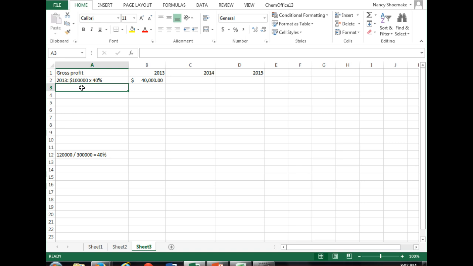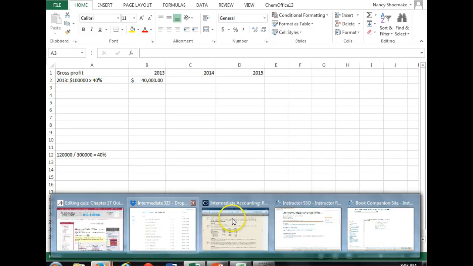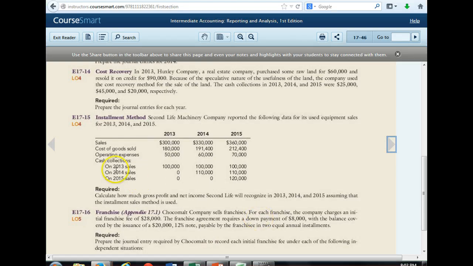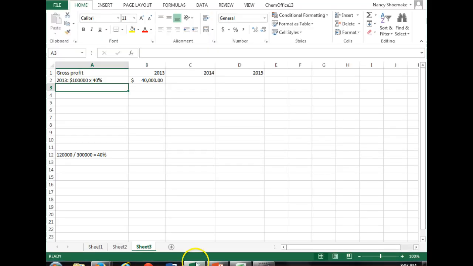Okay. Then in 2014, how much of the 2013 sale came in? How much cash? 100,000. So how much of that is going to be gross profit? 40% still.